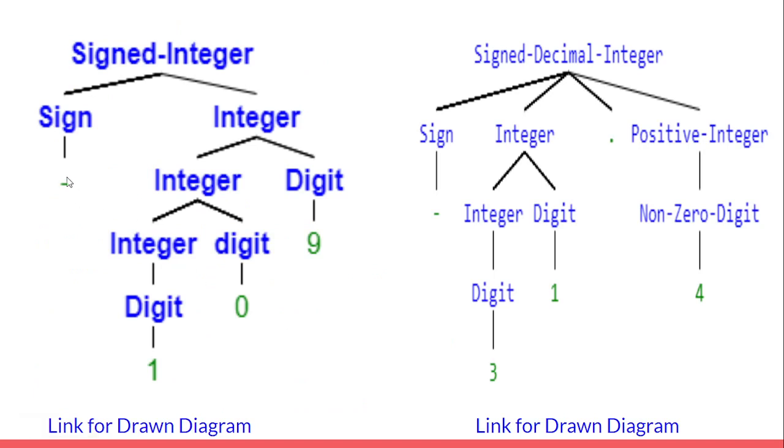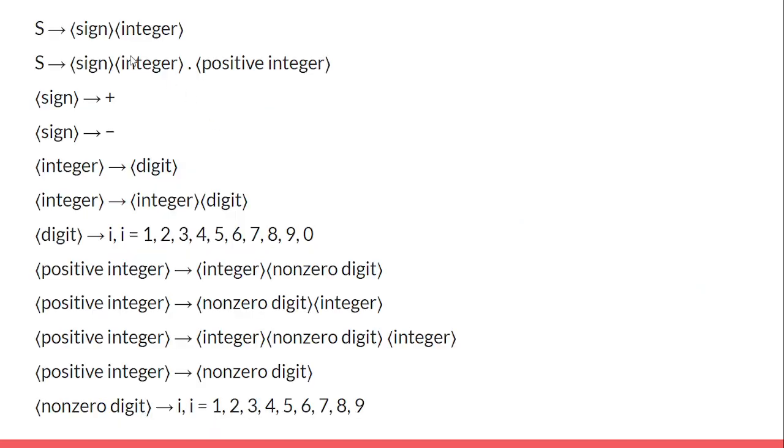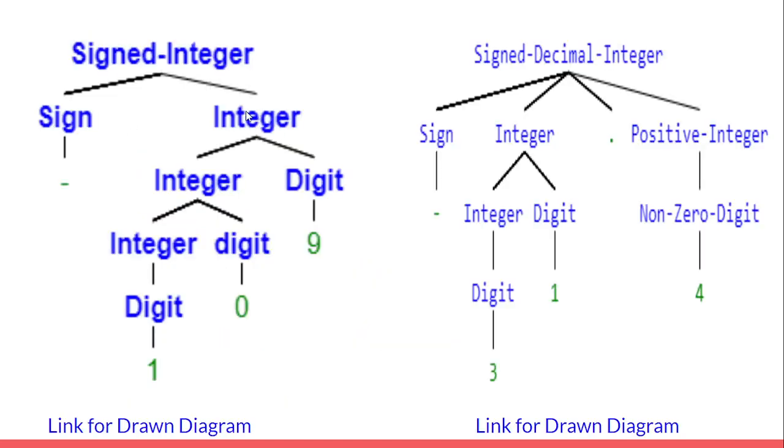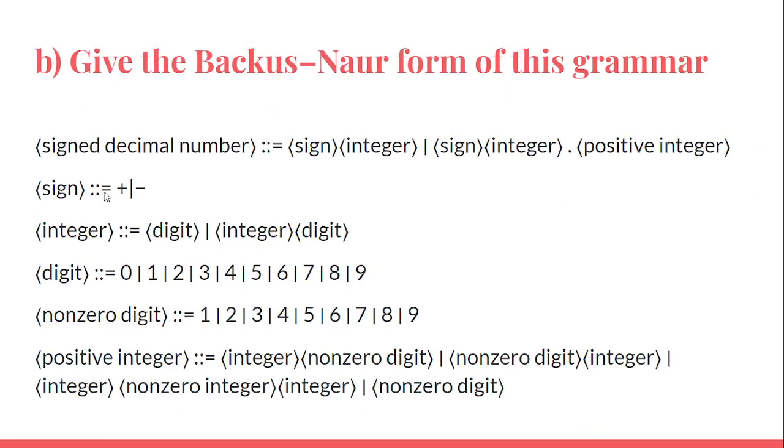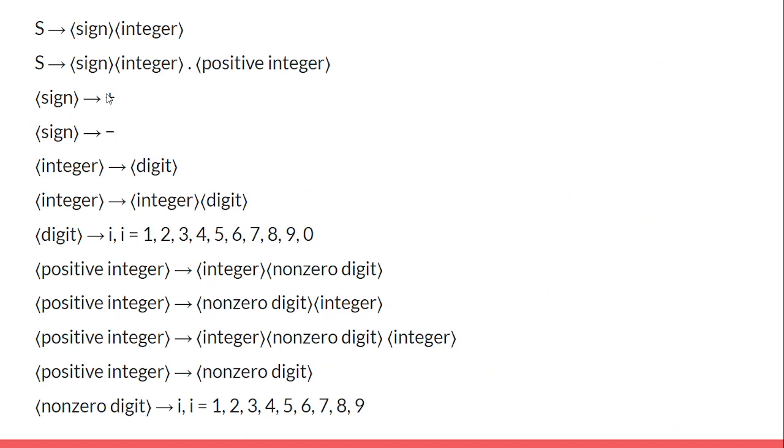So I have taken an example here, that is minus 109, which is an integer. First, by using the first rule, I have replaced the start symbol S with sign and integer. And as we are representing minus 109, we have replaced sign with minus by applying rule 4.